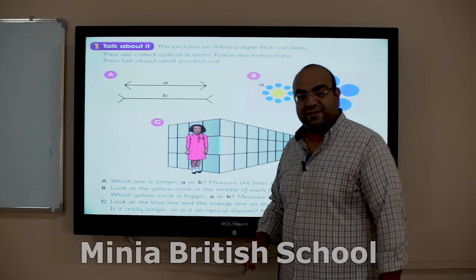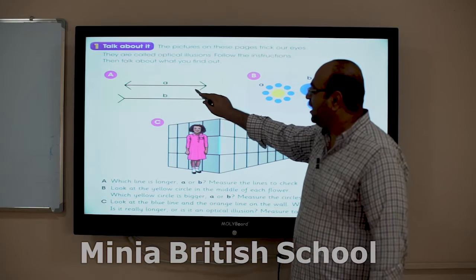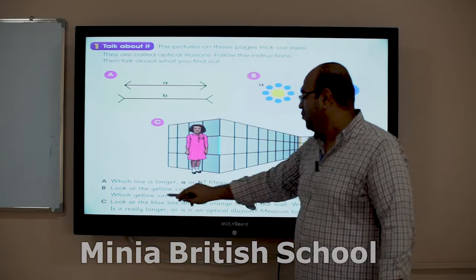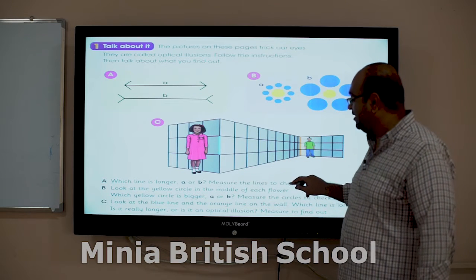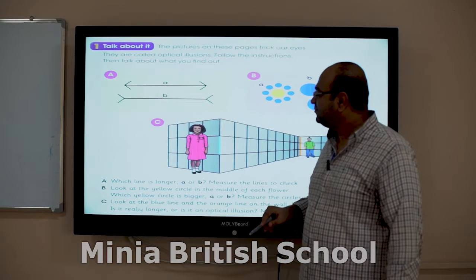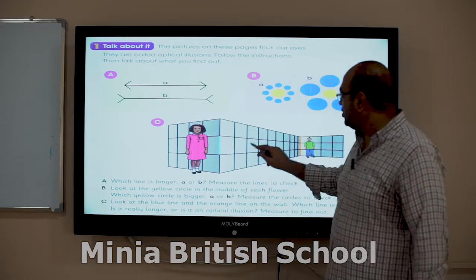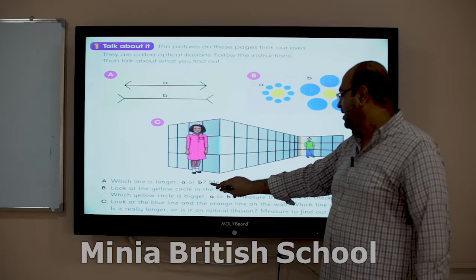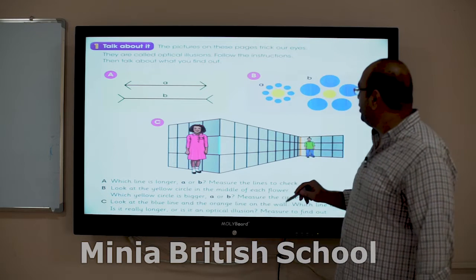If you open the learner's book, we will compare line A and line B. Which line is longer, A or B? Measure the lines to check. Circles. Look at the yellow circle in the middle of each flower. Which yellow circle is bigger?